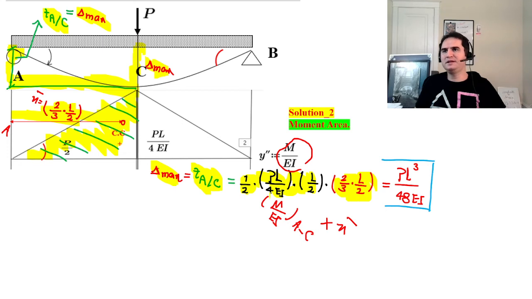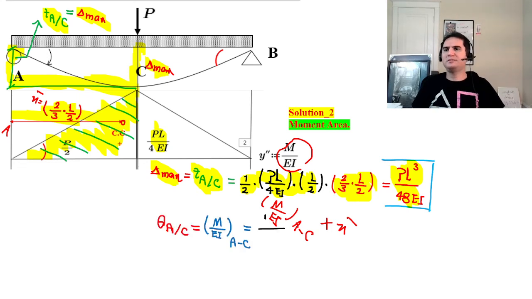That's half of PL over 4EI, which is the height of the triangle, times L over 2, which is the length of the triangle, times 2/3 of L over 2, and it gives you the same parametric value, PL cubed over 48 EI.